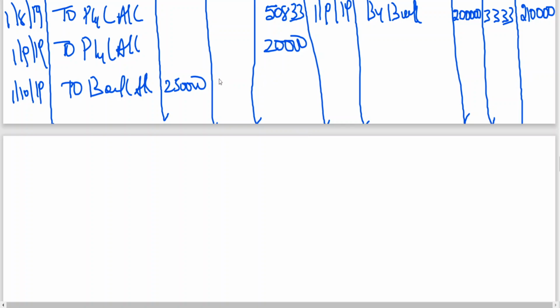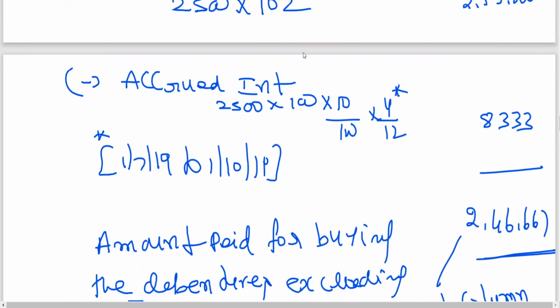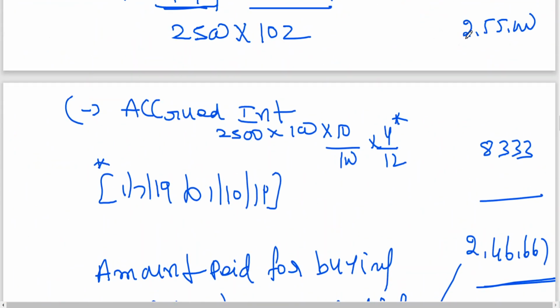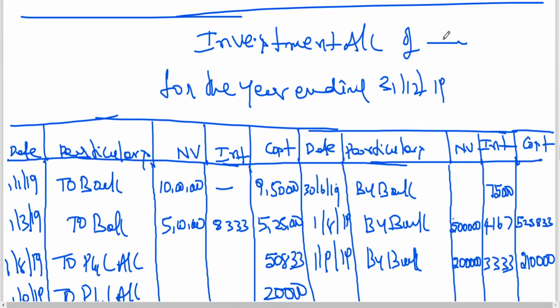Accrued interest is 8,333. 2,46,667 is the cost. That means total amount that is being paid, 8,333 plus 2,46,667. Total amount paid is 2,55,000. That is what you got now here. 2,55,000 has been paid, but it is including accrued interest.